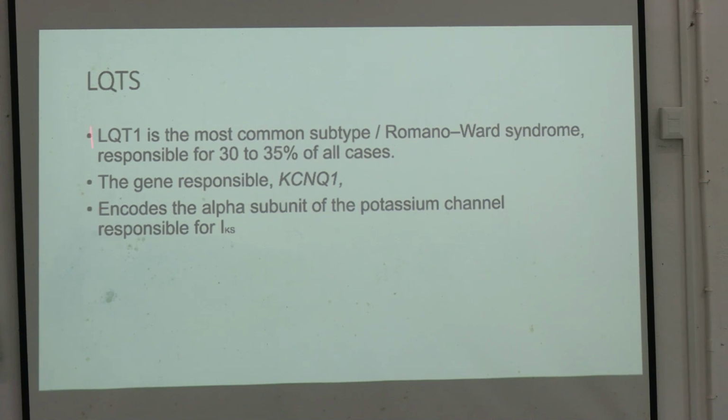There are different types of LQTS, LQTS1, LQTS2, but the commonest one is LQT1, which is due to a potassium channel mutation, KCNQ1 channel mutation, right? And what is the problem with the patient of LQTS?